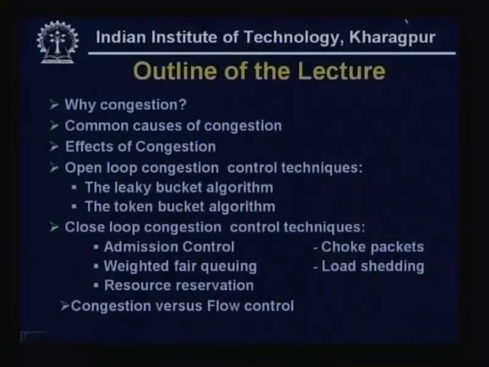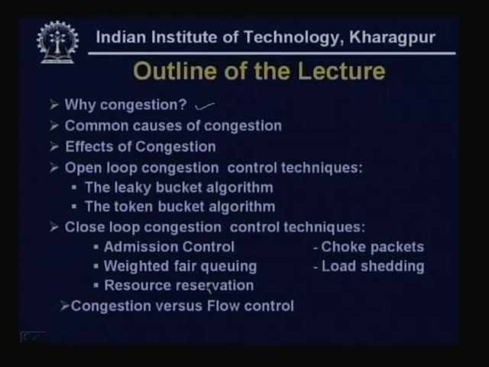And here is the outline of today's talk. First, we shall discuss why congestion arises at all. Then the common causes of congestion, or in other words the sources of congestion. And whenever congestion takes place, what are the effects of congestion on the packet switch network, that will be discussed.